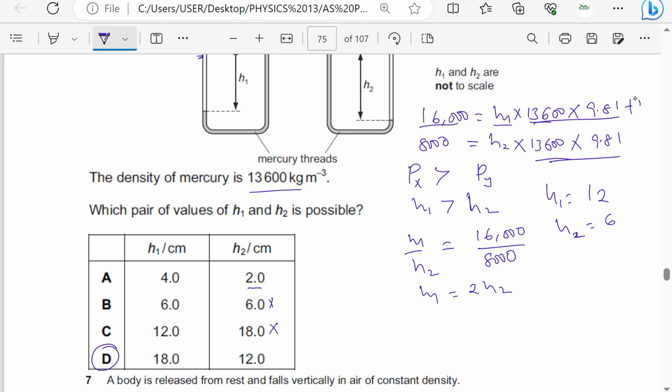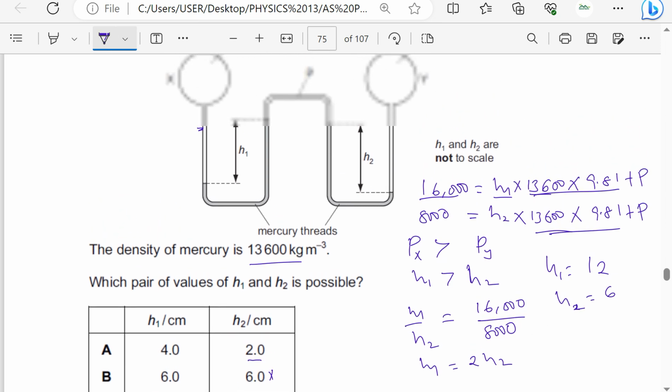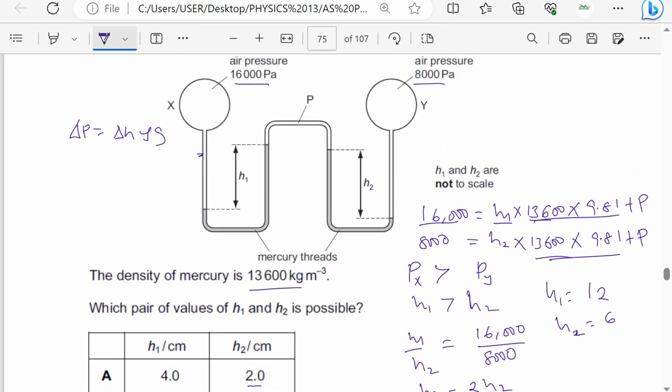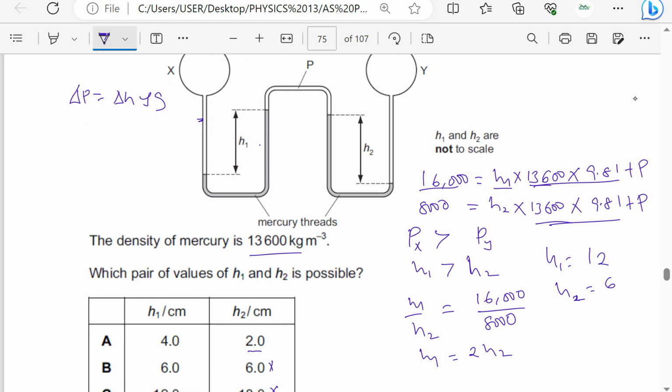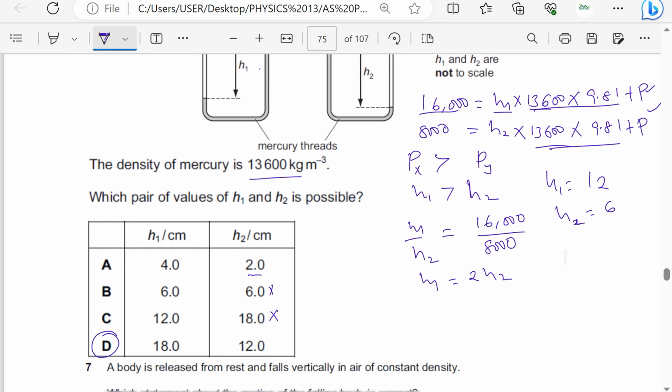We'll just add plus pressure due to P, because the air pressure on the left hand side, when there's equilibrium, should be the pressure due to this height plus the pressure of P. Then the air pressure on this side should be the pressure due to this height plus the pressure of P. And when you subtract the two equations, I had skipped that part.